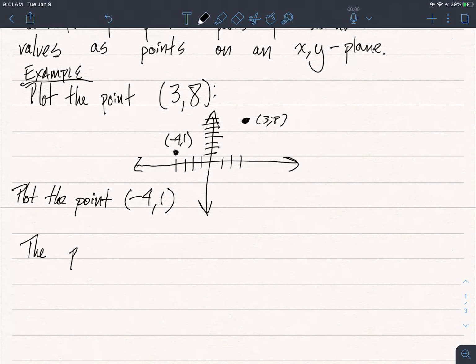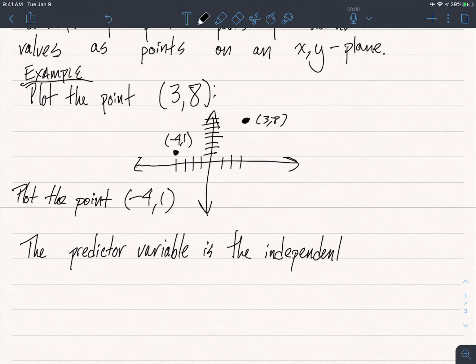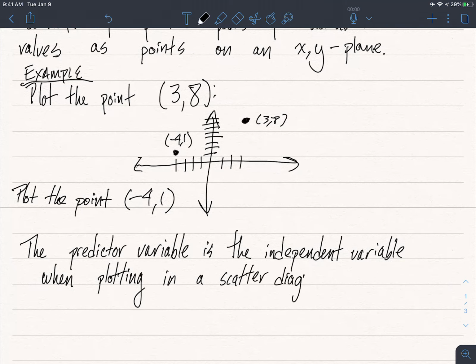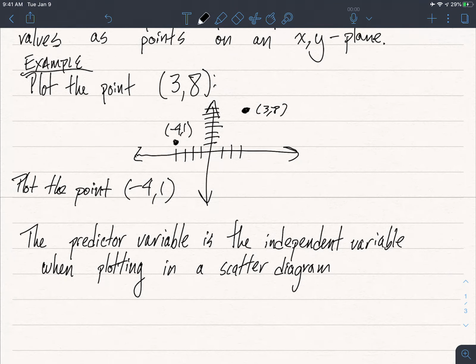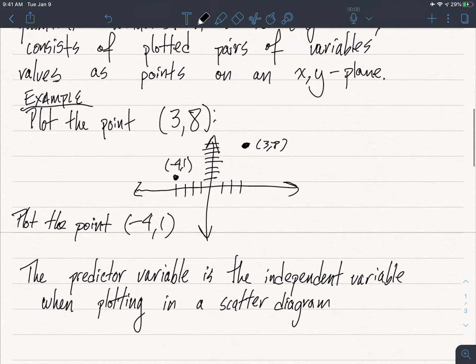The predictor variable is the independent variable when plotting in a scatter diagram. You're gonna hear me say scatter diagram, scatter plot. It means the same thing. So the predictor variable is the independent variable when plotting in a scatter diagram, which is the x's.